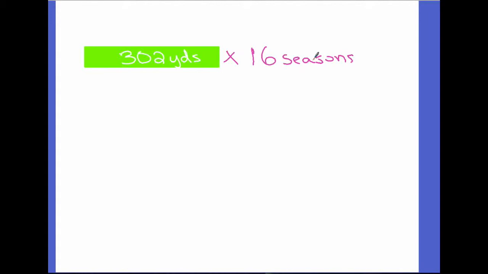So 302 times 16, and the answer was 4,832. What do I need to do?